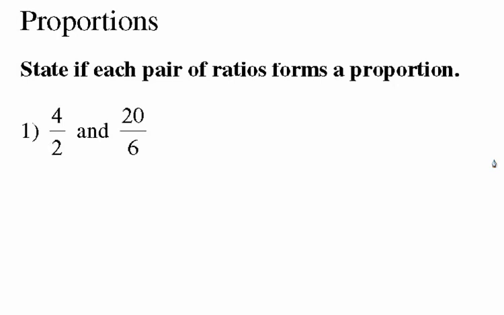In this video, we're going to talk about what makes two ratios proportional and how to check and see if a pair of ratios forms a proportion. So first, let's do that definition. Two ratios are proportional.